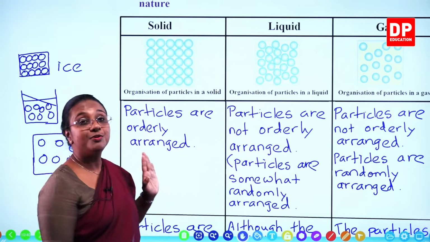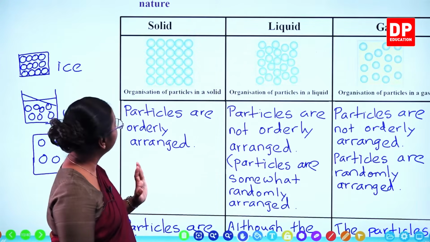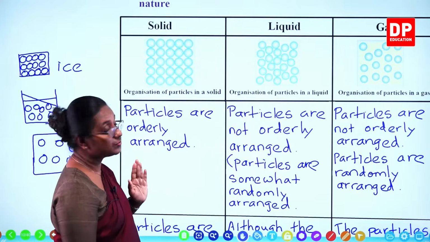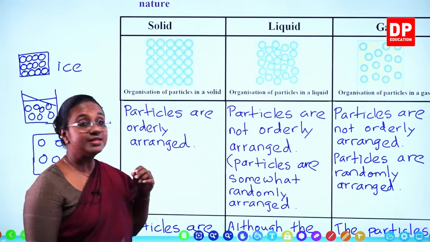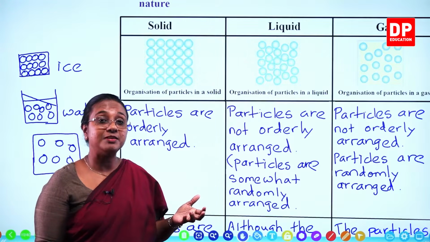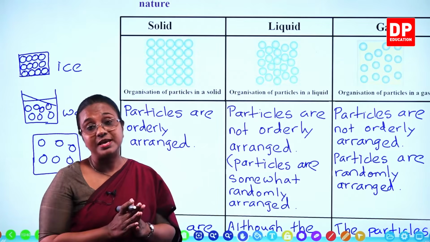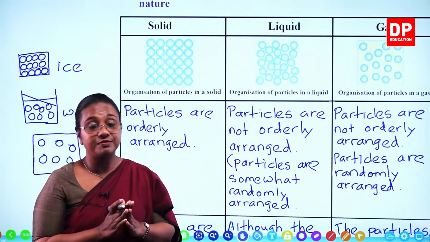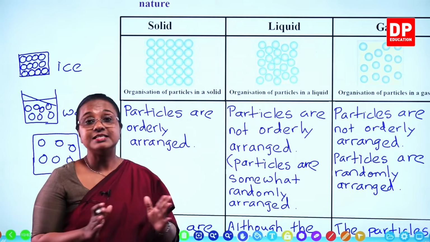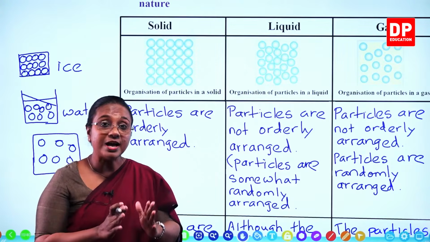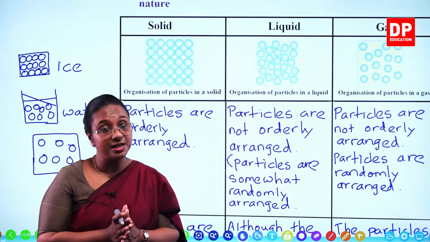And also, if you look at the space between particles, in solids there is very less space. In liquids, there is a certain amount of space between the particles, but in gases, there is very much space between the particles of the matter. So that is the structure, and that is why they have their different physical properties.